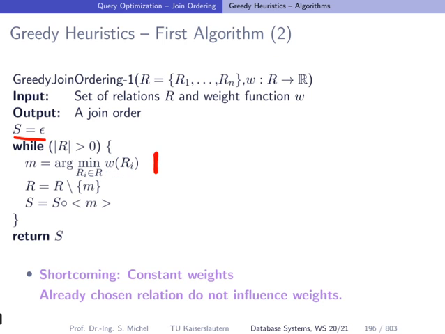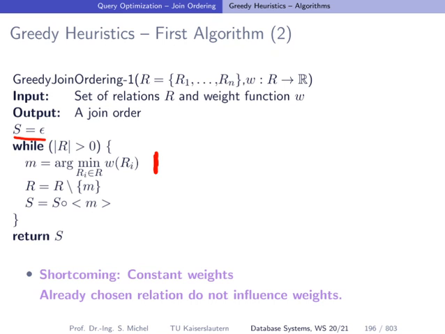That's done in this line here. So argmin in contrast to min, probably you all know this, but let me just say that. Min would get the minimum weight, the number, and argmin would return the relation, so the argument that makes the minimum weight.